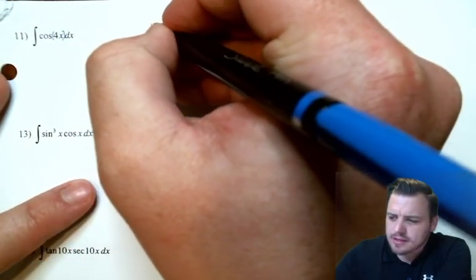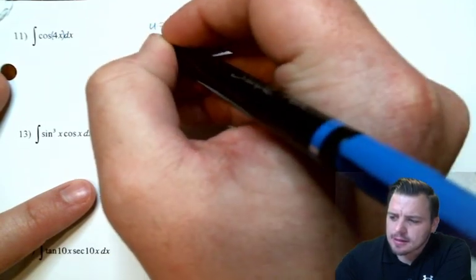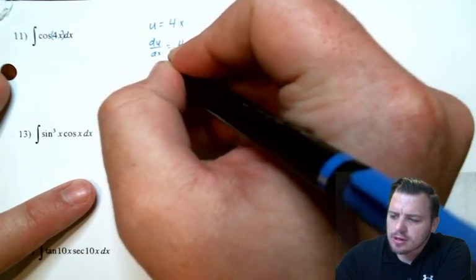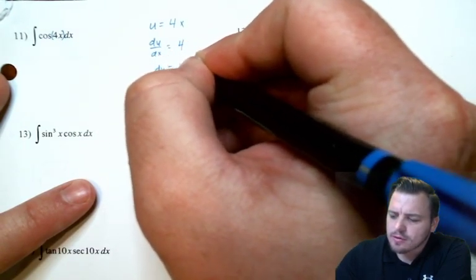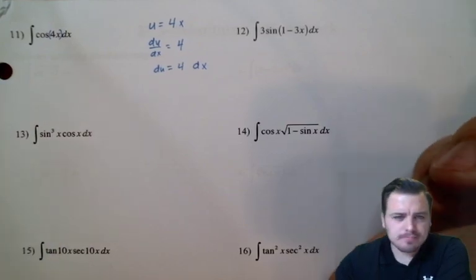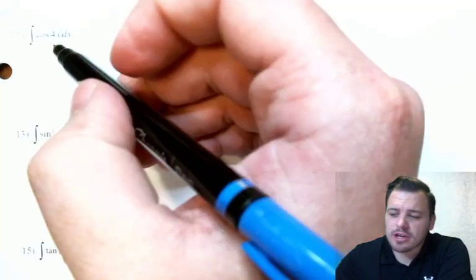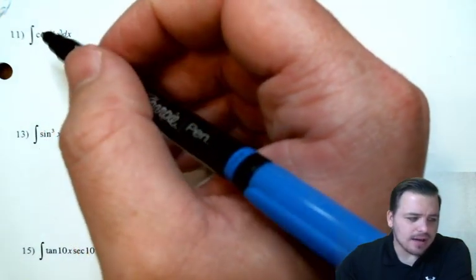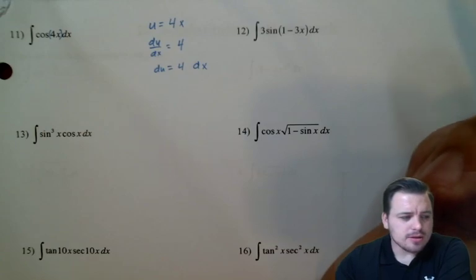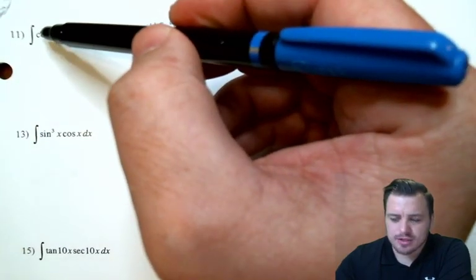So say u is equal to 4x. Then du/dx is equal to 4, so therefore du is equal to 4 dx. And we know that cosine is attached to this whole 4x, so we're not trying to eliminate cosine.